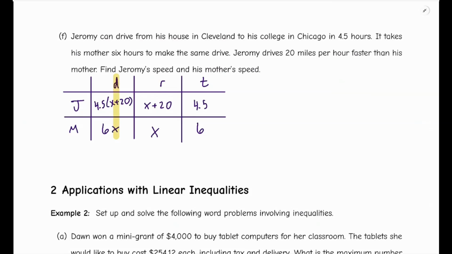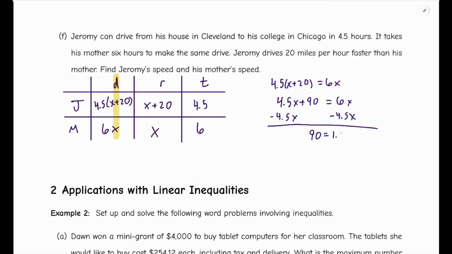And again, they're traveling the same distance, so I take these equal to one another. Distribute the 4.5. We get 4.5x plus 90 equals 6x. Subtract 4.5x from both sides. And we get 90 equals 1.5x. Divide by 1.5, divide by 1.5.